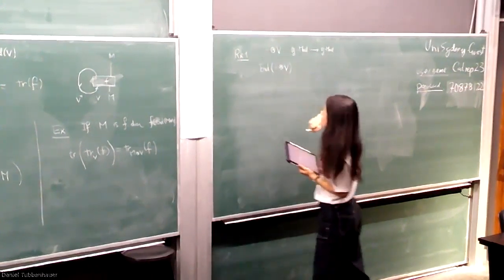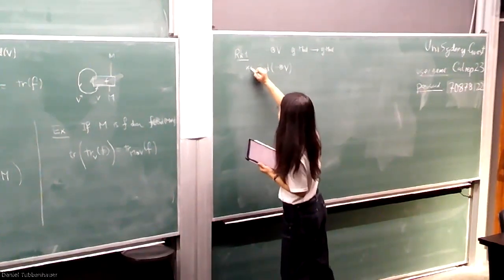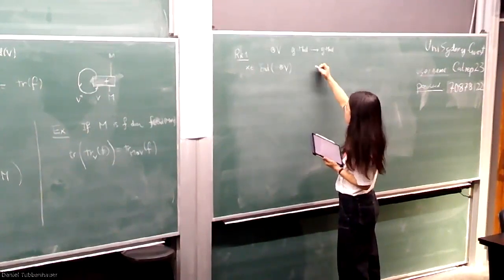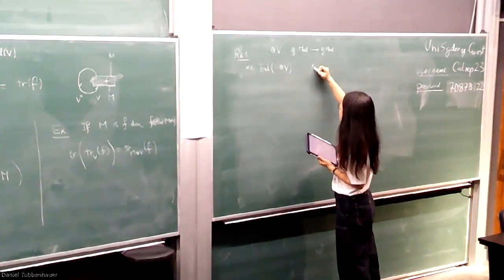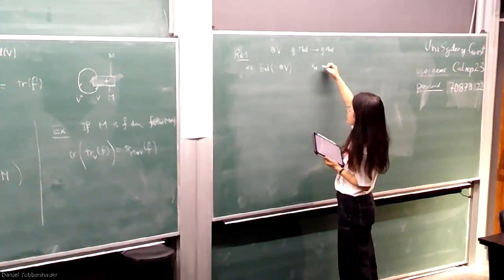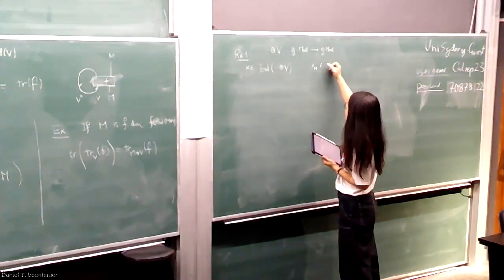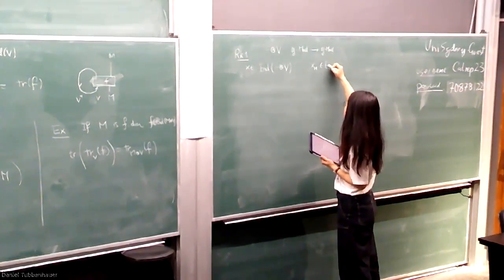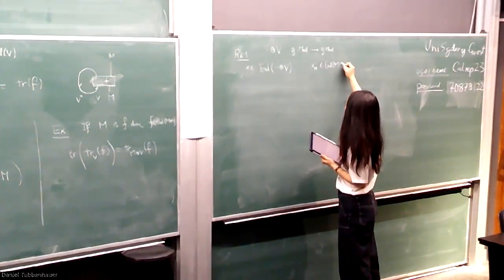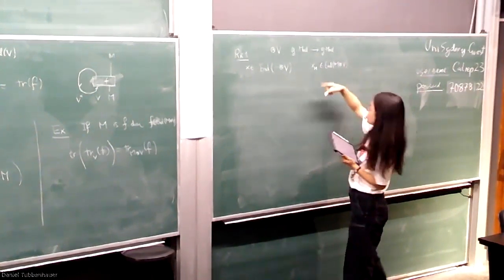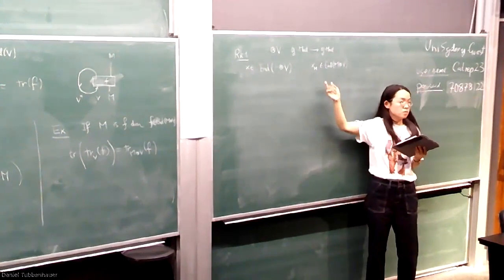So what is a natural transformation, as we explained yesterday, it's just the data of an endomorphism Xm for each object M, which is compatible with all morphisms in the category.